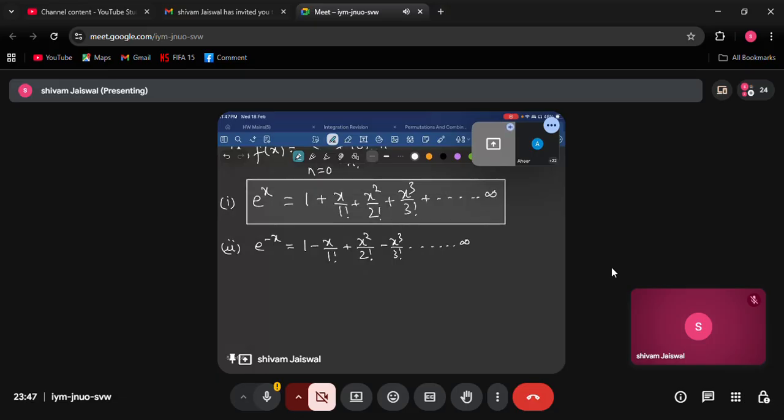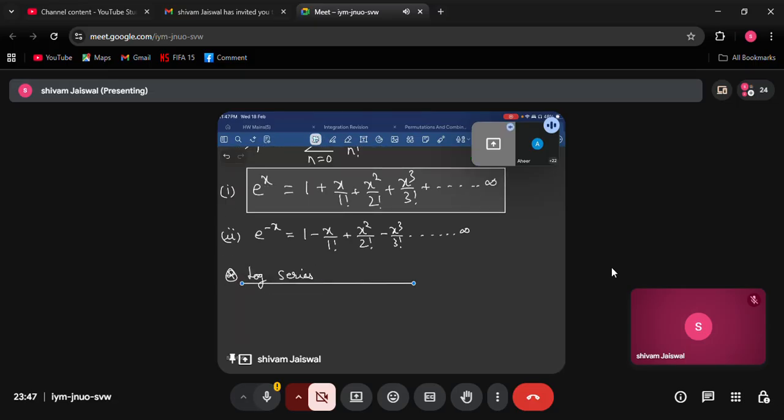Next, after that, we have the log series. The logarithm series is only valid for x belongs to open minus 1 to closed 1.